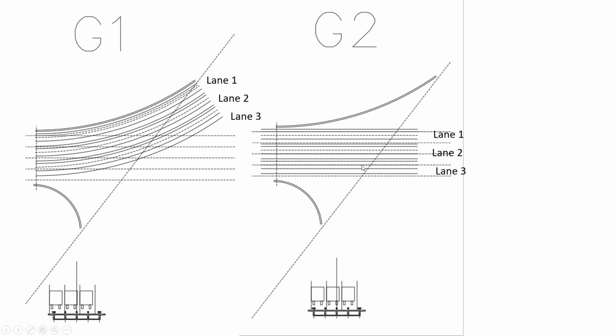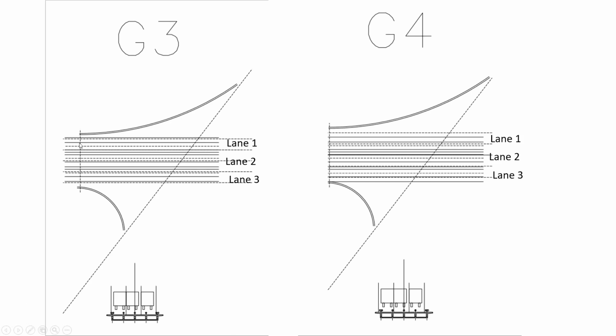So I continue for the next girder, girder 2, and also I move the trucks and the lanes accordingly to create a maximum stress on girder 2. And I continue the same way for different girders. Girder 1, 2, this is 3.